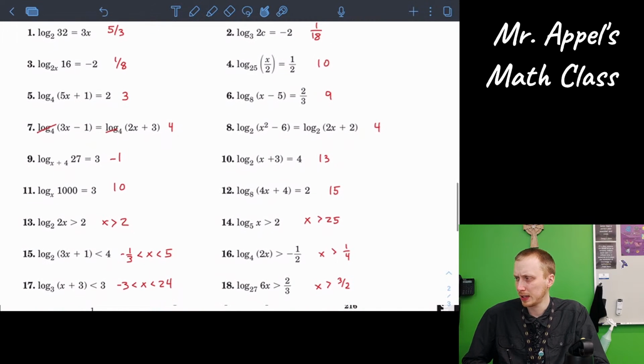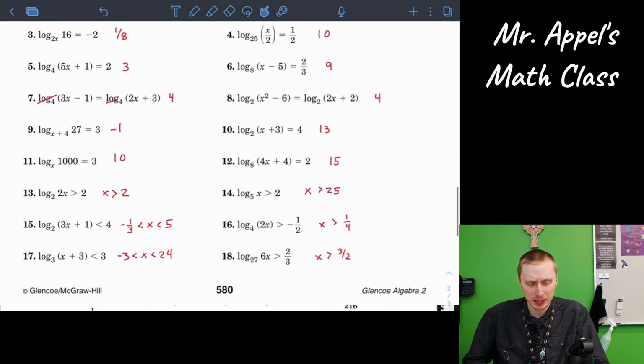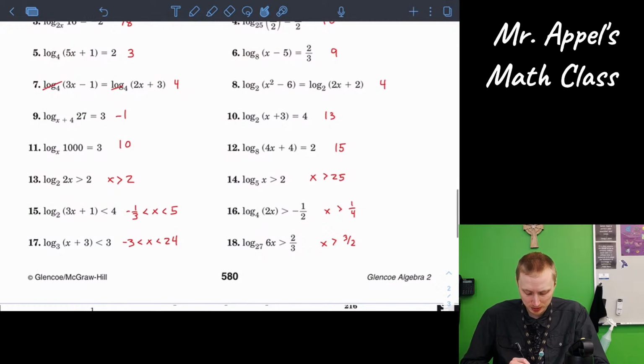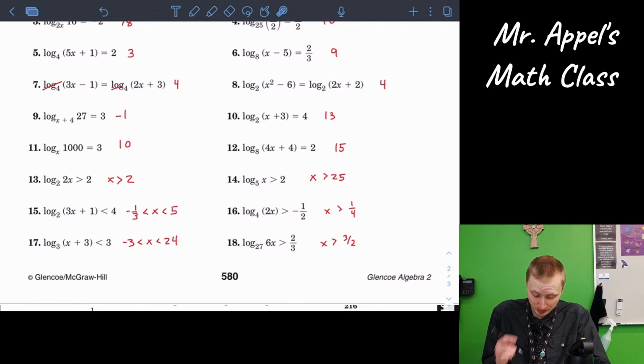Inequalities, the text loves to throw the inequalities in there alongside the equations. The process is almost entirely the same, except you would include the different signs there.